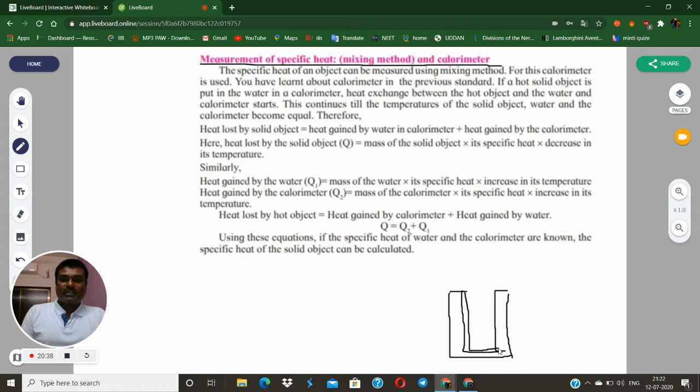A copper pot, a pot made of copper material, okay? It is situated inside the calorimeter. And there is a lead opening.